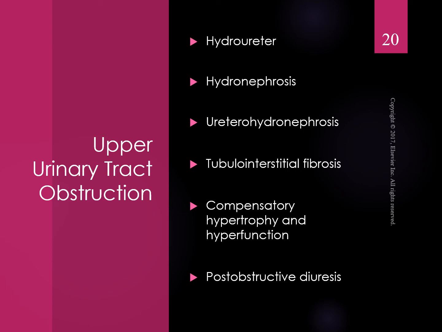Compensatory hypertrophy and hyperfunction is how the body partially counteracts the negative consequences of the unilateral obstruction, resulting from two growth processes: obligatory growth occurs under the influence of somatomedins, and compensatory growth occurs under the influence of still unidentified hormones.